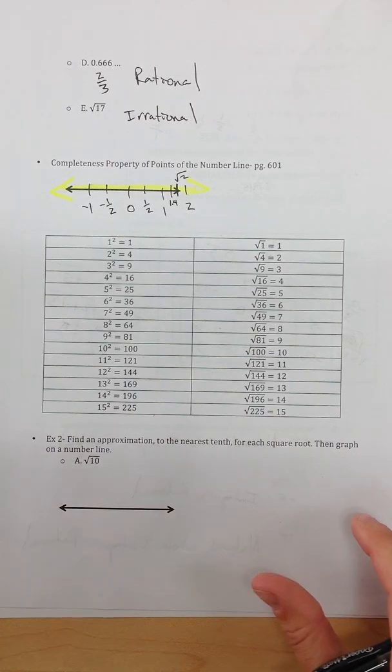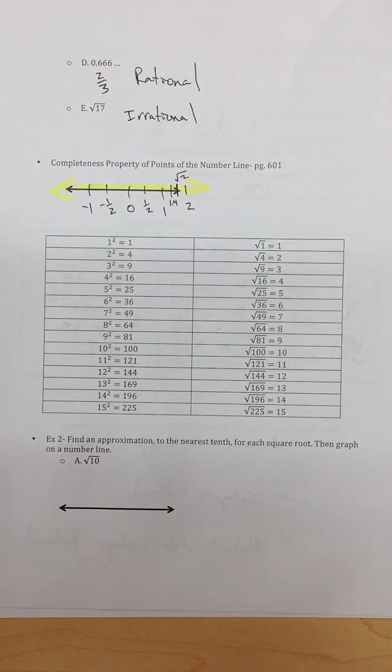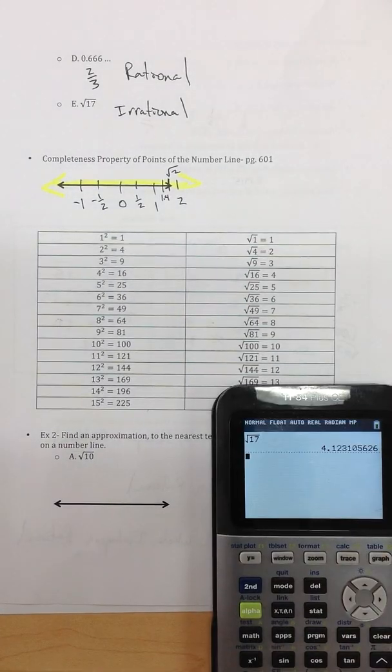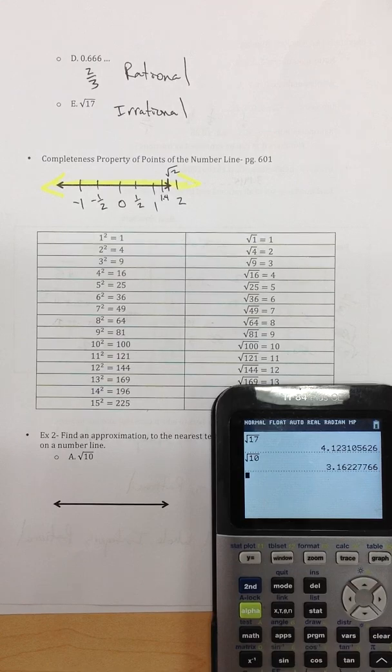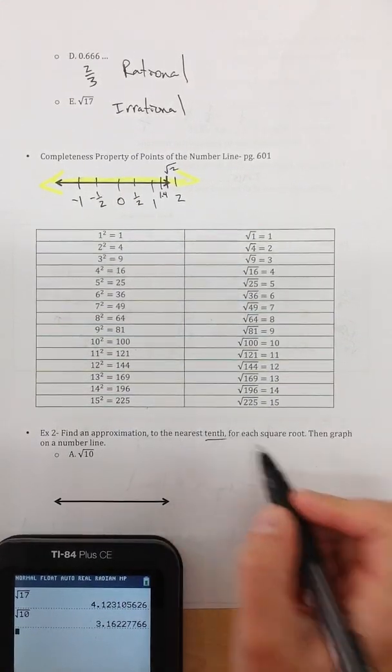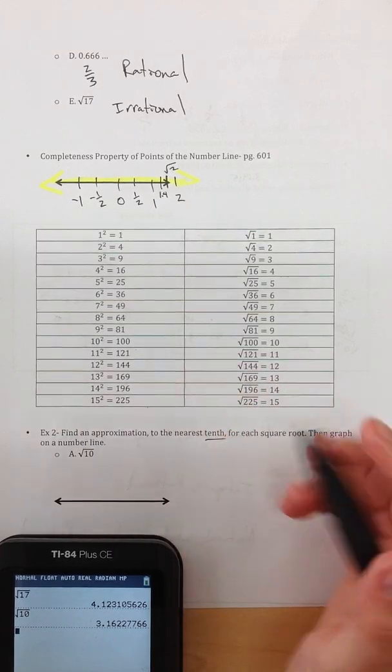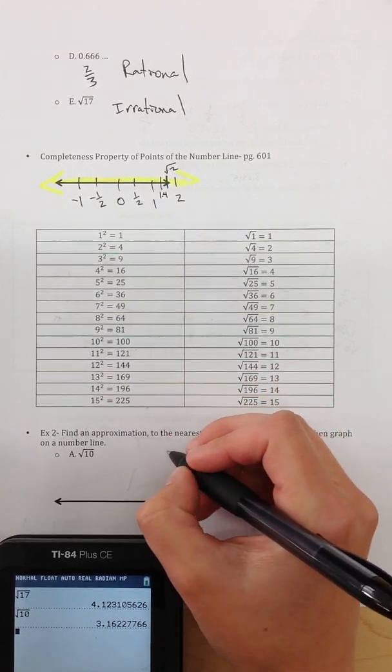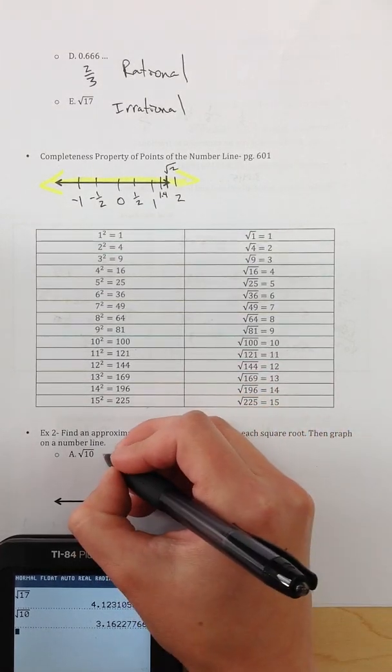Okay, so what we want to do here is find an approximation to the nearest tenth for each square root and then graph it on a number line. For an approximation, I just use my calculator. Square root of 10 is 3.16, and if I want to go to the tenths, that would be one position behind the decimal point. So 3.16 would round to 3.2.